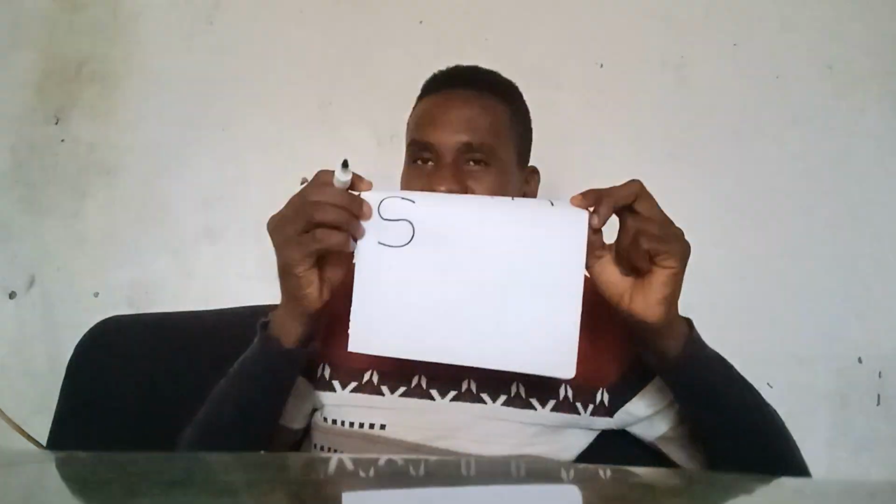This is my alphabet R. Now from alphabet R we come to alphabet S. Can you write alphabet S? This is my alphabet S. Now from S we come to alphabet. Guess what? Which alphabet comes after S?